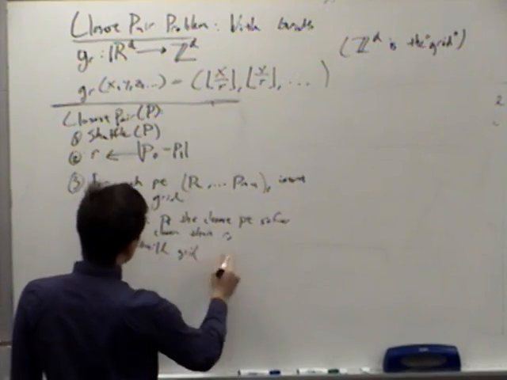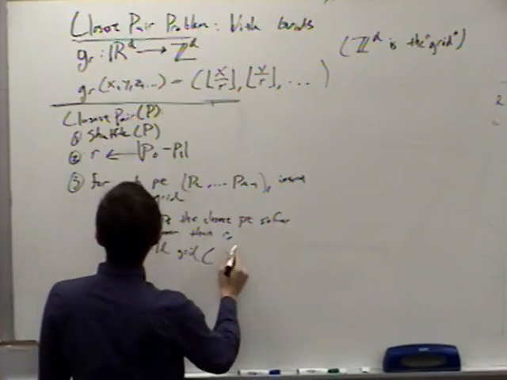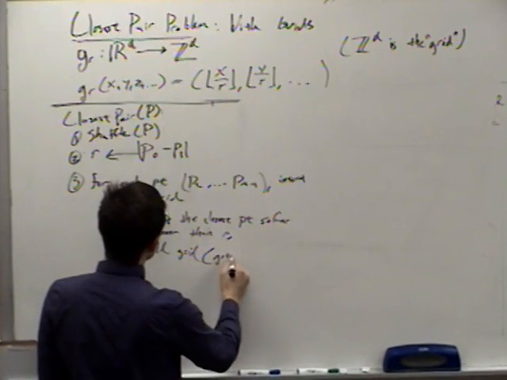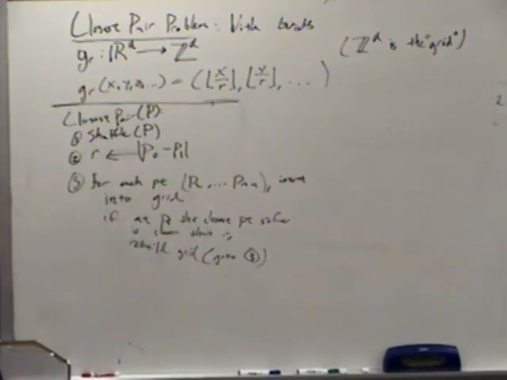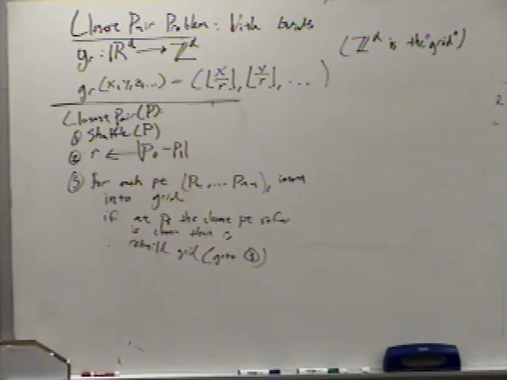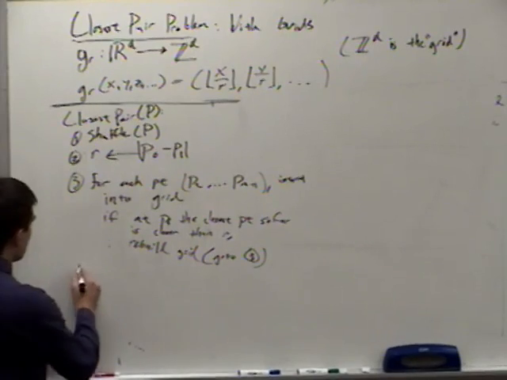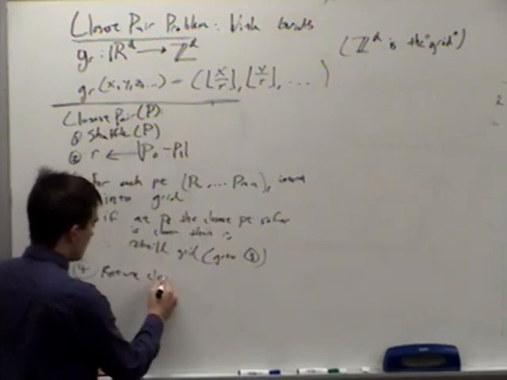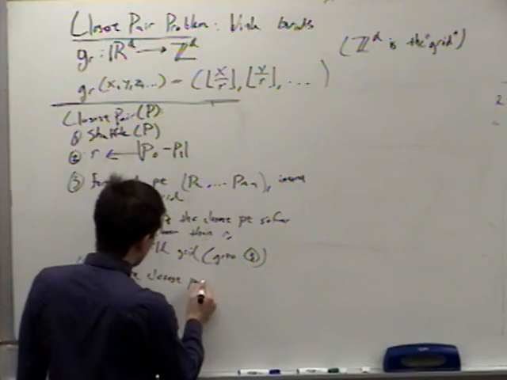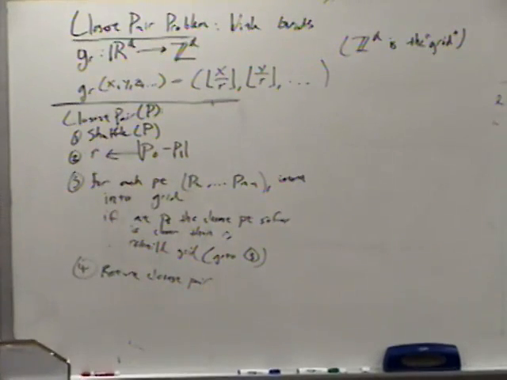Rebuild grid. We rerun the whole insertion, so we just say go to 3. We blow the whole thing up and rebuild it. So this is the high-level thing. And then when we're all done, return closest pair. All right. So this is a little bit messier than the last time.